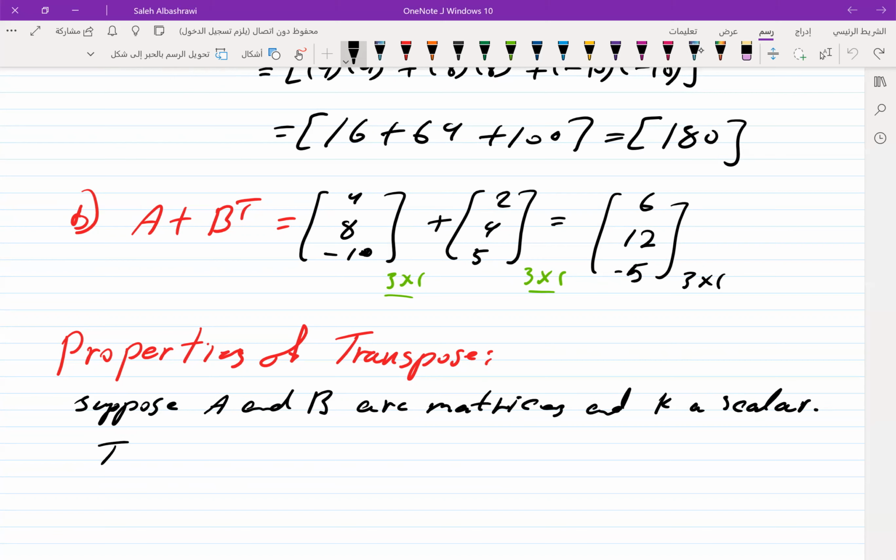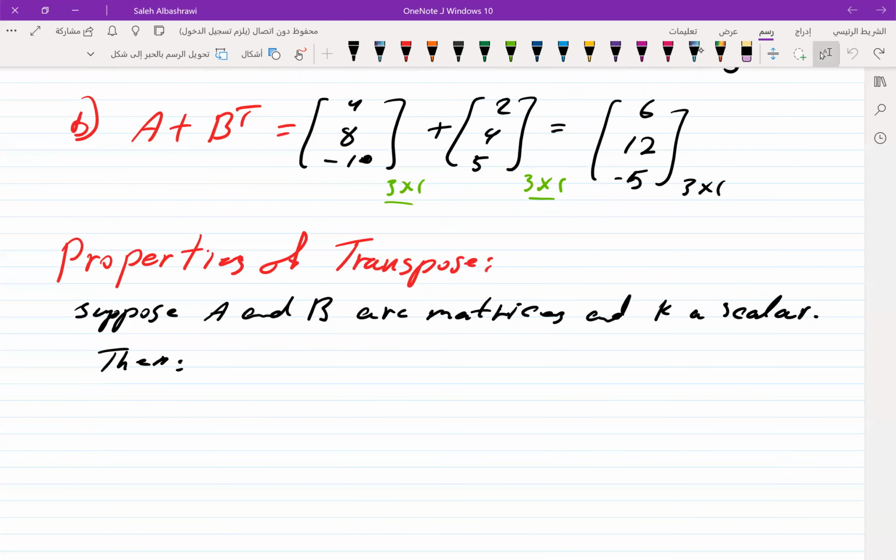Then number 1: if we do the transpose 2 times, we get the same matrix. The transpose of A transpose is equal to A. It will give me back my original matrix.